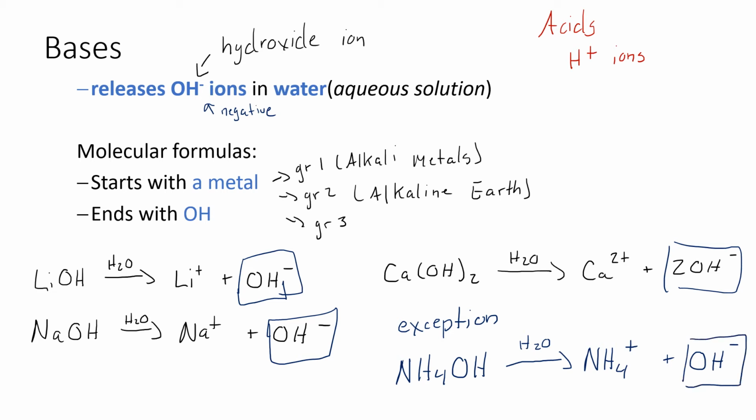So moral of the story, bases, they release a hydroxide ion when they are dissolved in water. All bases except for ammonium start with a metal and end with an OH group. So what we're going to do now is look at the tests that we can do to determine if we have a base.